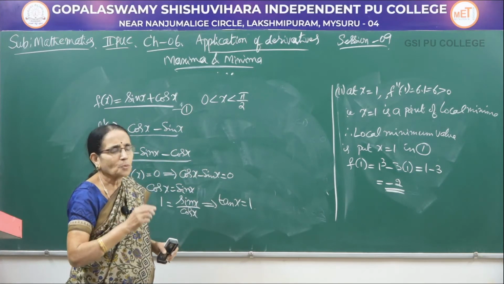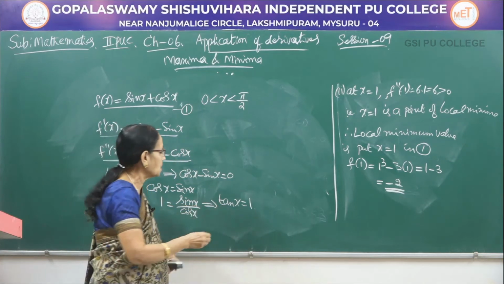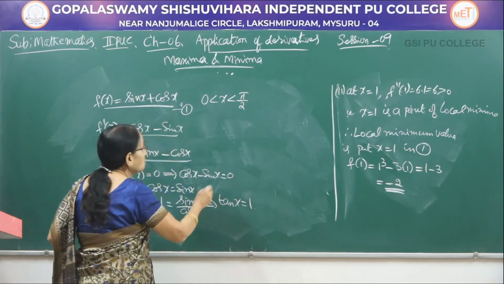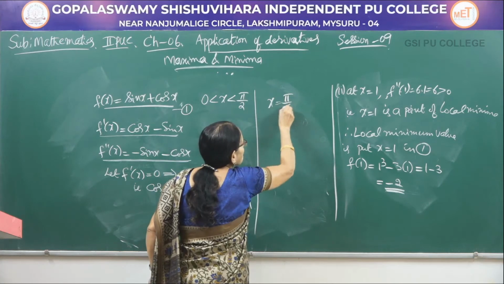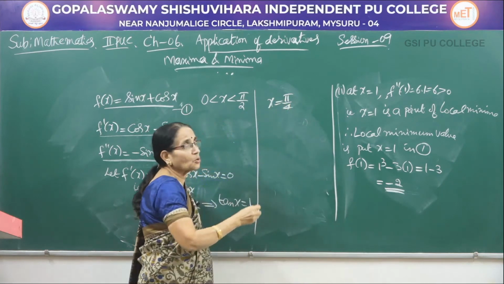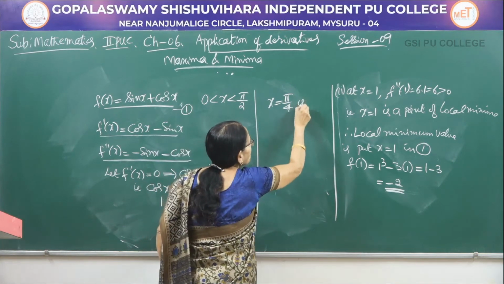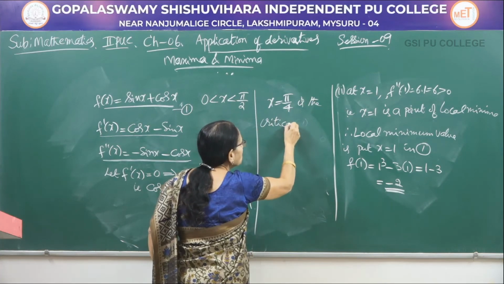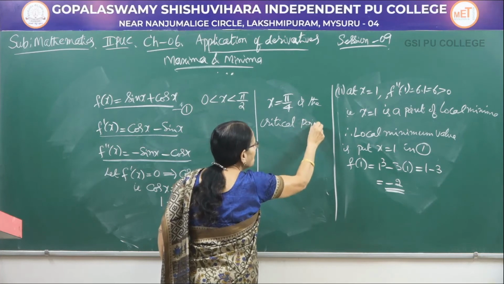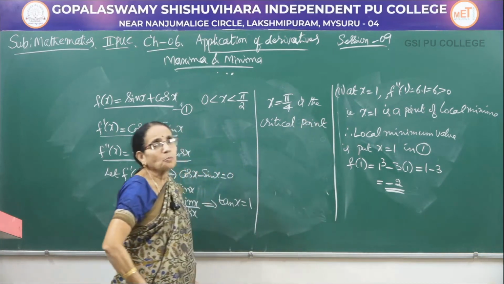So what can be the corresponding value for x here? That implies that x is equal to pi by 4. So we are getting only one value of x here. x is equal to pi by 4 is the critical point. So in this case I got only 1 point. In the previous problem I got 2 points.